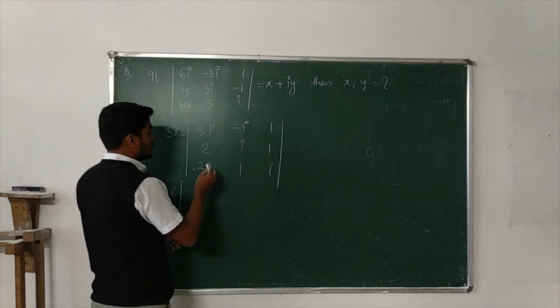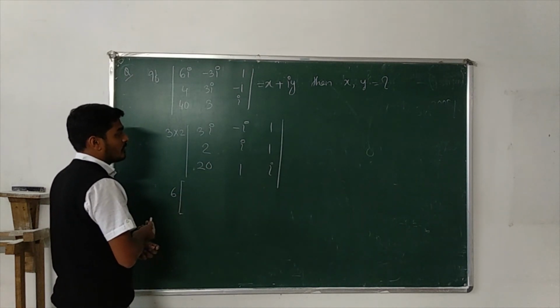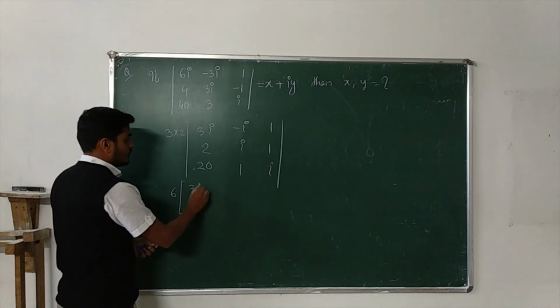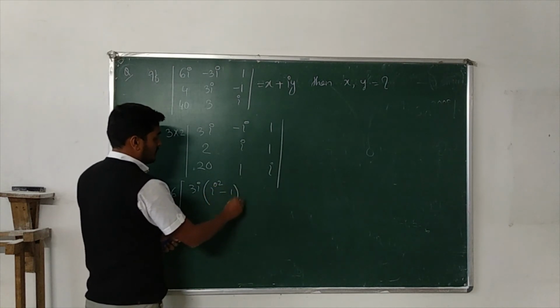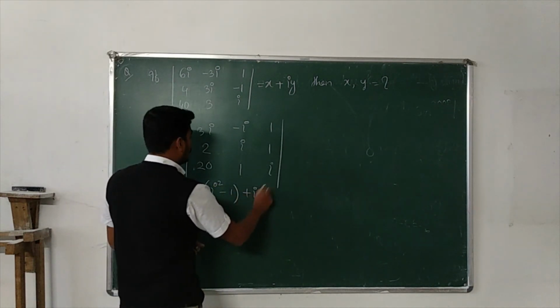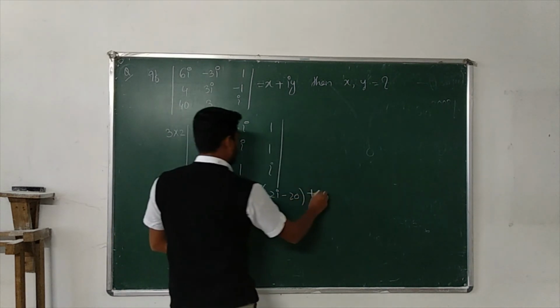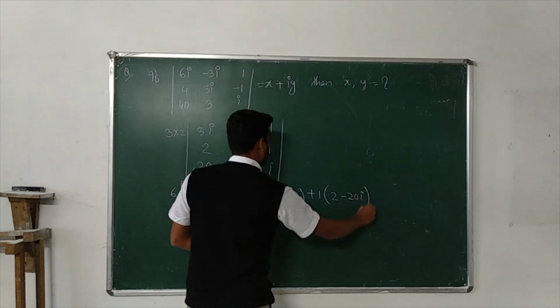So let us try to expand it directly. By expanding we will have 3i, so it will be i square minus 1 plus i. So we will have twice i minus 20 plus 1. So we will have 2 minus 20i.